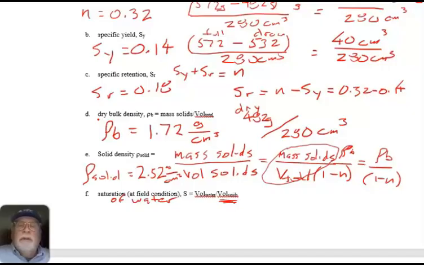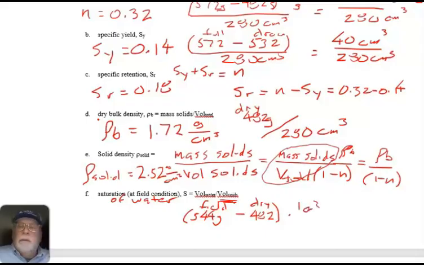So at the field condition, it weighs 544, and dry was, oh wait, we had drained, we had dry. Oh yeah, so I want to do the dry. So 482. So 482 is 0 with 0 water. So at the field condition, it has 544 minus 482. Again, I'll write my units in here.